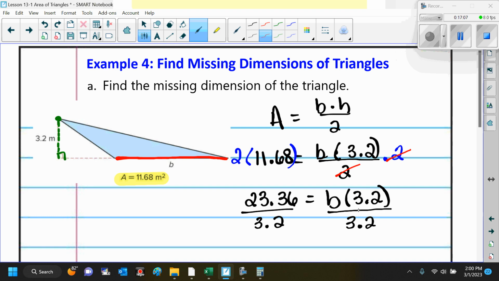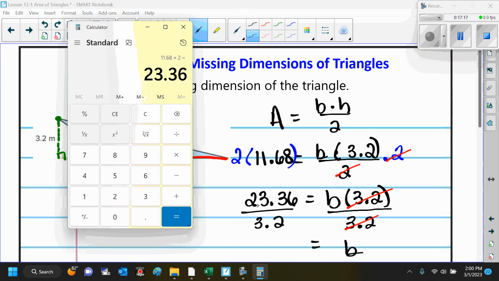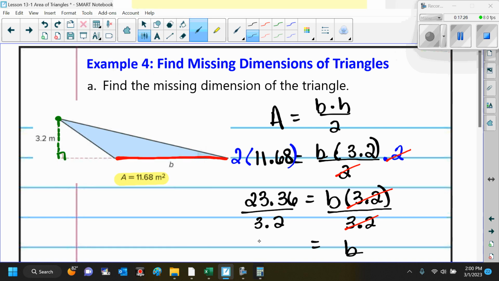So those 3.2's cancel to 1, and now B is all by itself. And now we're just going to use our calculator to do that division. So 23.36 divided by 3.2, that gives us 7.3.